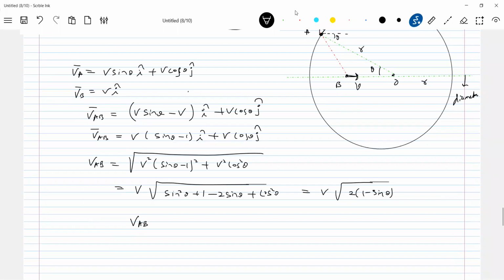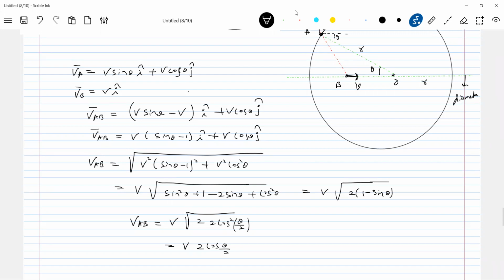So VAB is equal to... Sir, it is sin theta, sir. There is no formula for 1 minus sin theta as cos square.